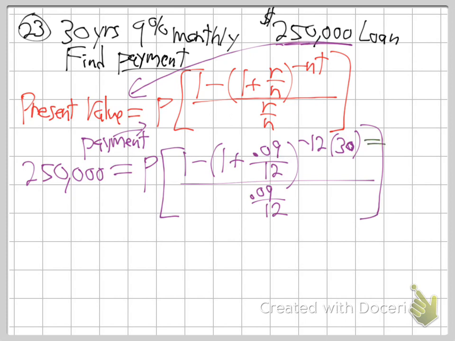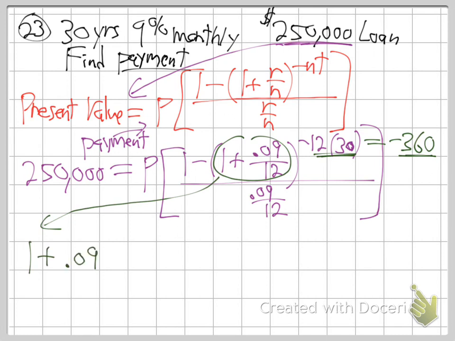Figure the power up here, minus 360. Again, start with the inside. 1 plus 0.09 divided by 12 equals, to the power of negative 360 equals.